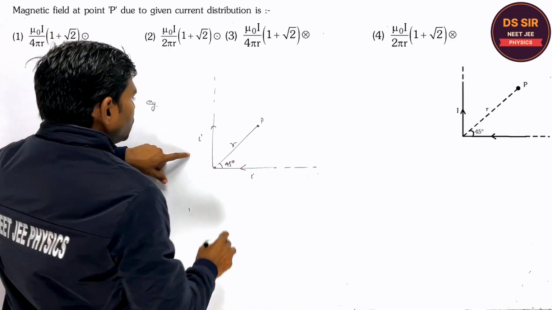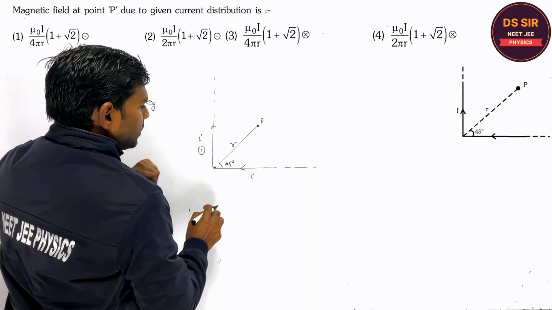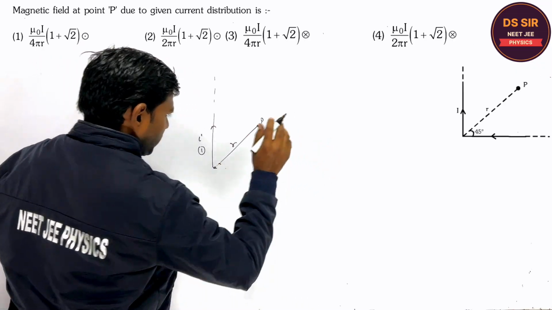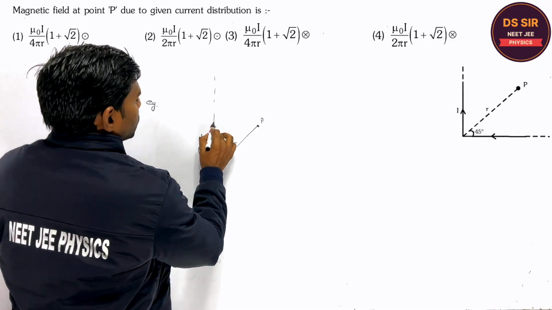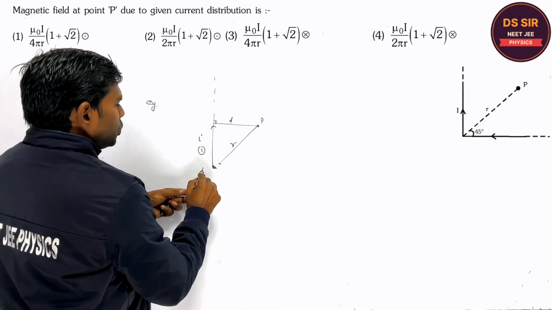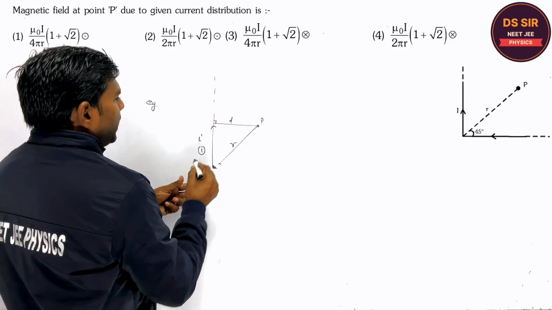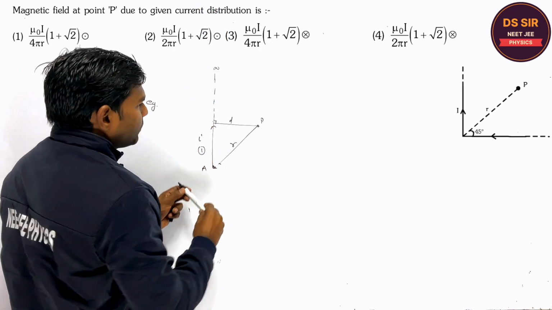So first take this first portion. Forget the other one. Because of this first portion, suppose this is the perpendicular distance d. You may assume this is point A, and point B is at infinity.